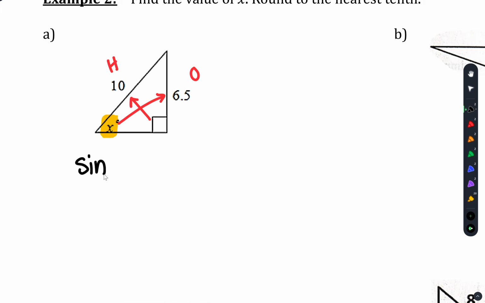Do we know the degree measure here? So what we're going to put instead is just x, because we don't know the angle. Then it equals my trig ratio, which for sine is opposite over hypotenuse. The opposite is 6.5. The hypotenuse is 10. I need to see this setup step.